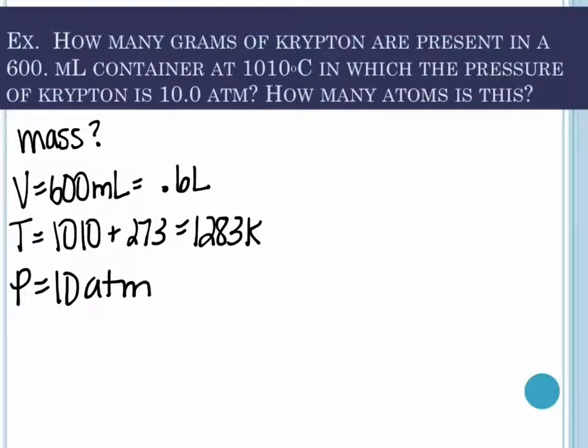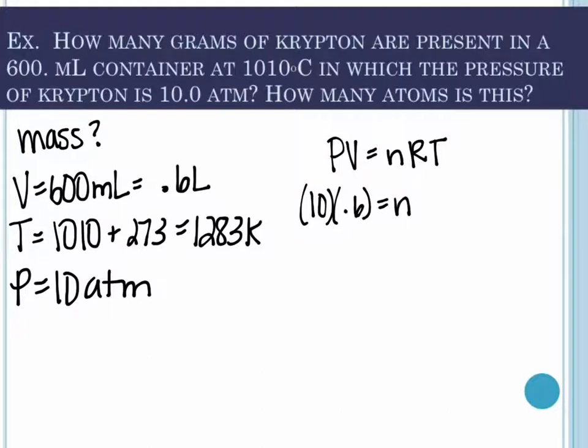ATM. So I look at this and I see there's not a before and after situation, so that means I need to use PV equals nRT. So P is 10. V is 0.6.